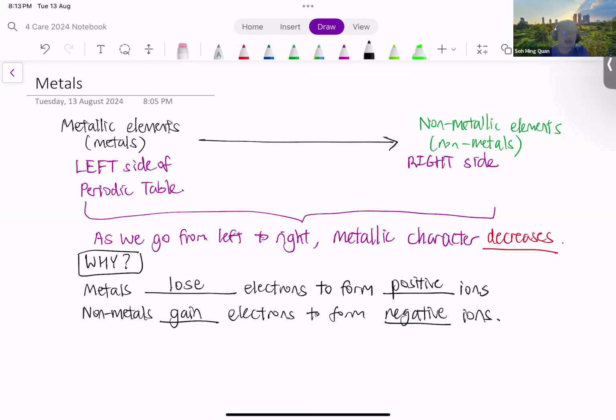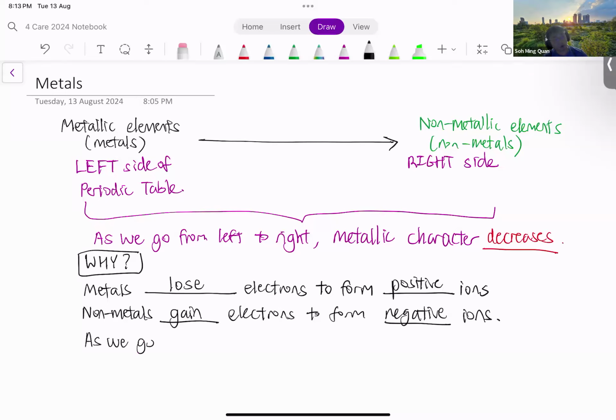So a good example would be, let's say, oxygen. Oxygen has 6 valence electrons, meaning it will gain 2 valence electrons to form O2 minus ion. Okay? Now, how is this relevant? Now, this is relevant to the periodic table.